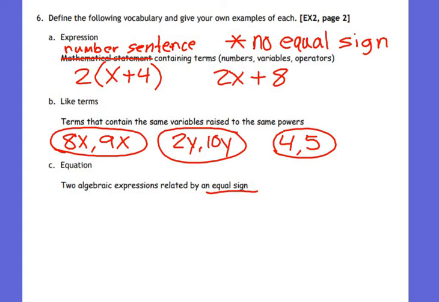What's your example? y equals 4 parentheses 2 plus x plus. Good, I'm just going to write it. There is an example of an equation. It has an equal sign, so it makes it an equation.